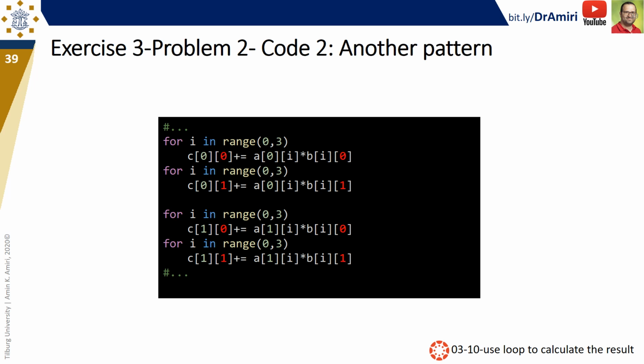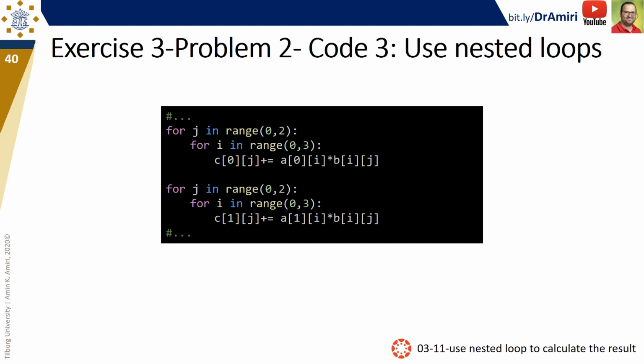Then I'll find another pattern in the continuous lines, so I'm going to turn them into another for loop. Then I see that the four statements are very similar to one another.